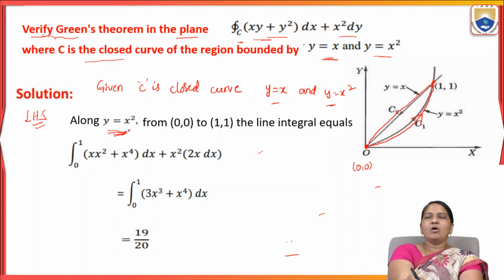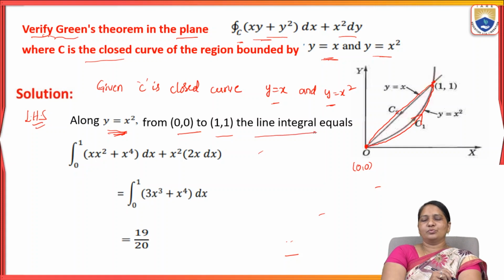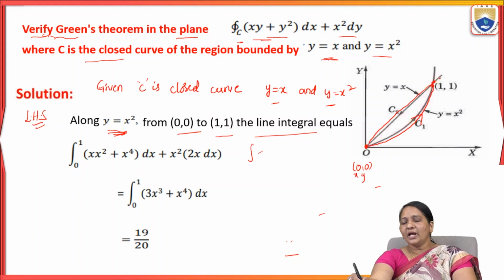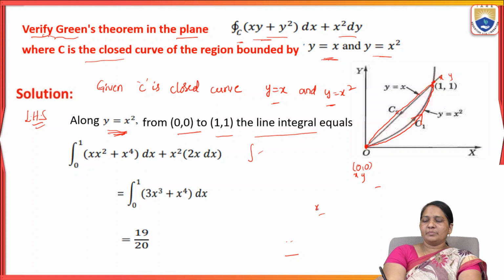So along the curve y equal to x square from (0, 0) to (1, 1), what is the line integral value? Here x limits are 0 to 1 and y limits are also 0 to 1.